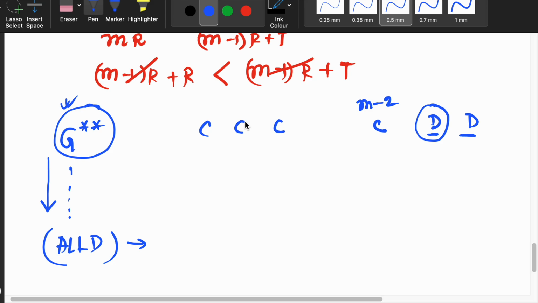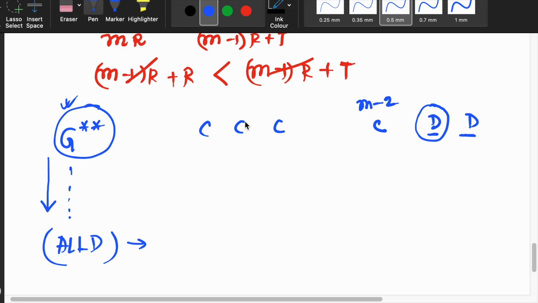Now let me stop this class here. In the next class I will start discussing the other strategy, and we will find out there is one strategy which is actually a very good strategy. It is called the tit for tat strategy. It is similar to whatever you are telling me, but it is not exactly that, where with probability half I will cooperate, with probability half I will defect, no matter what my opponent does.